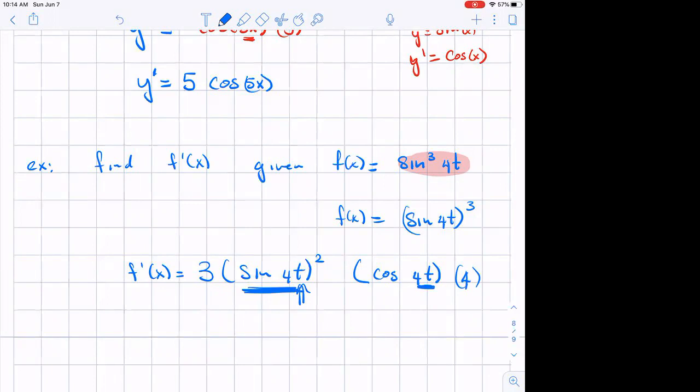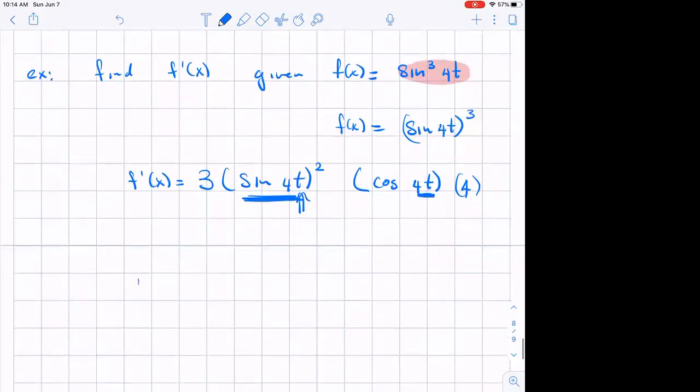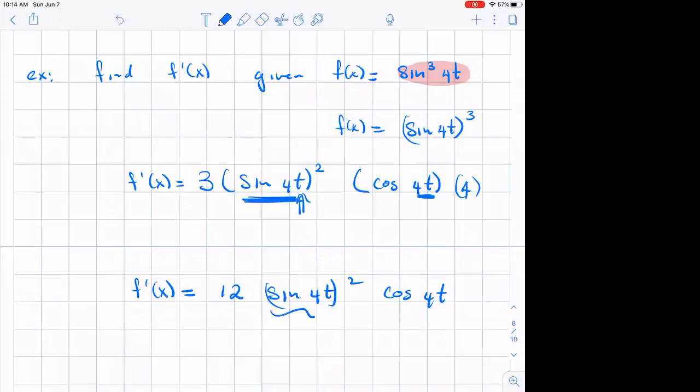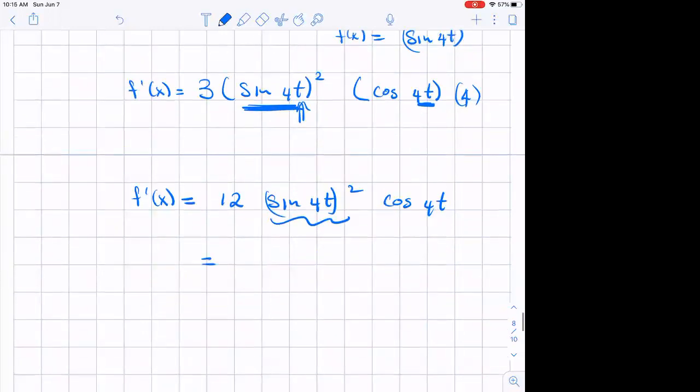All right, so it gets very complicated, but you have to follow the steps. So f prime of x is equal to 12 sine 4t quantity squared times cosine of 4t. Okay, but please keep in mind that this can also be written as, just as we did before, sine squared of 4t times cosine of 4t.